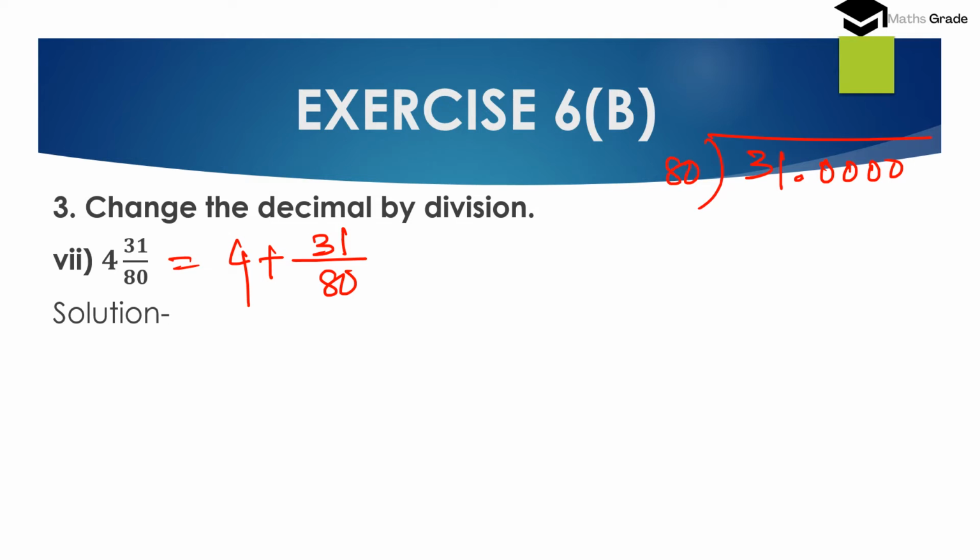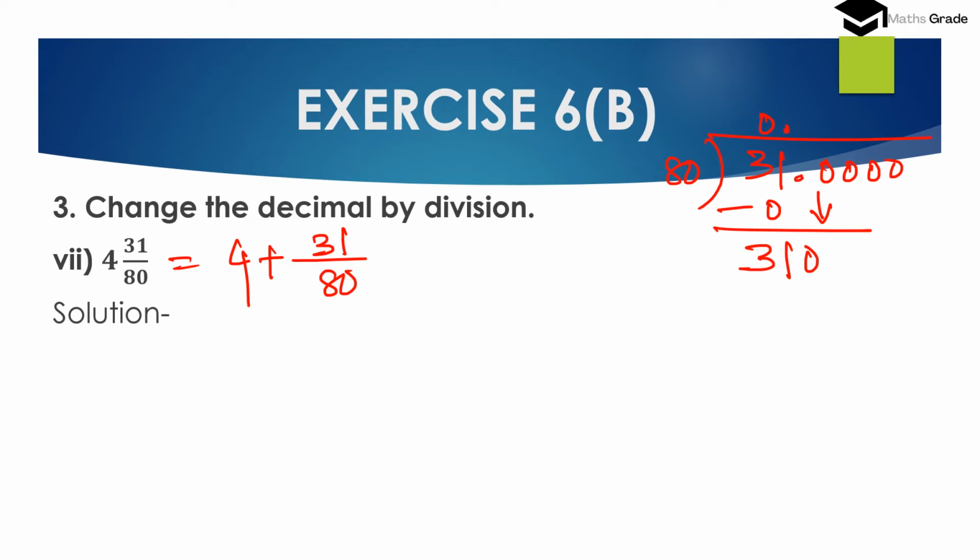In the table of 80, if we multiply 80 with 1, it is 80, which is more than 31, so we have to multiply 80 with 0. Now 80 multiplied with 0 is 0. Now 31 minus 0 is 31, and write this 0. Now put the decimal point here.